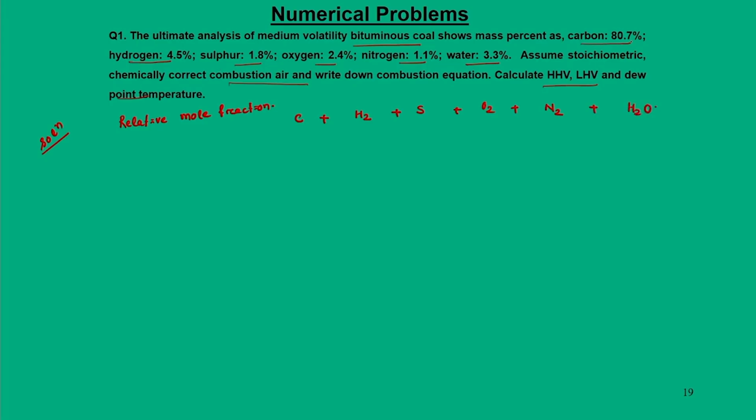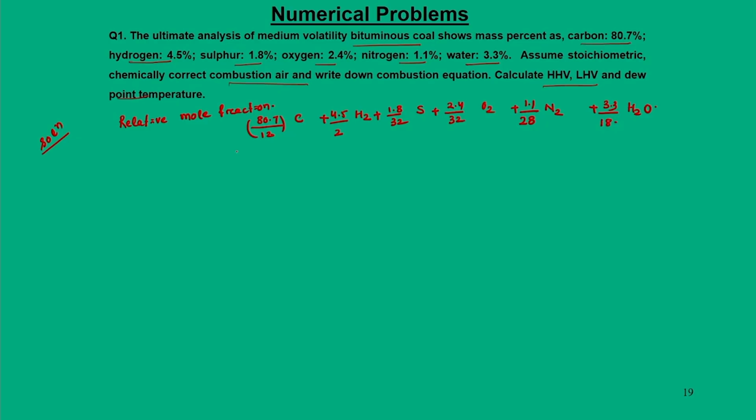Carbon is 80.7%, so I write 80.7 divided by the molecular weight of carbon, that is 12. Hydrogen 4.5%, so I write 4.5, its molecular weight 2. Sulfur, its molecular weight is 32, it is 1.8 by 32. Then oxygen, that is 2.4 by 32. Then nitrogen 1.1 divided by 28 molecular weight. Water 3.3 divided by 18, its molecular weight.